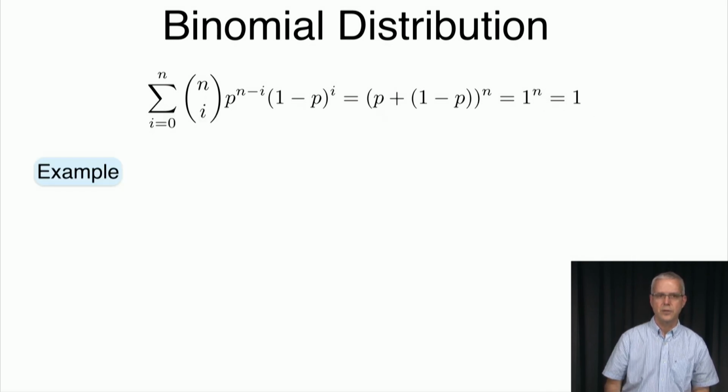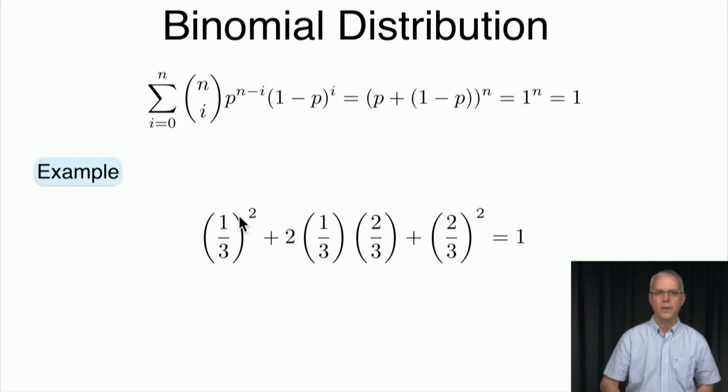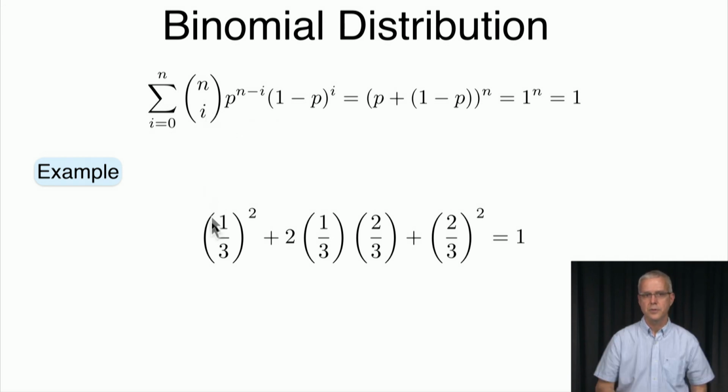For example, if we take 1/3 squared plus 2 times 1/3 times 2/3 plus 2/3 squared, okay, so that's an example of this where p is equal to 1/3, and 1 minus p is equal to 2/3, and n is equal to 2.